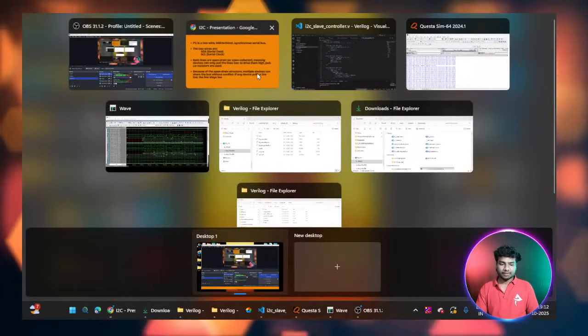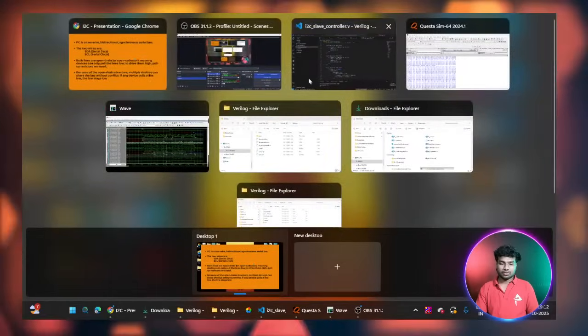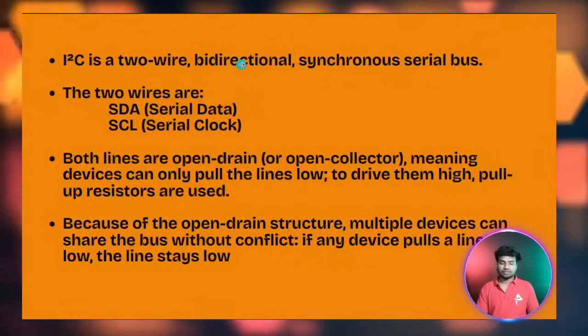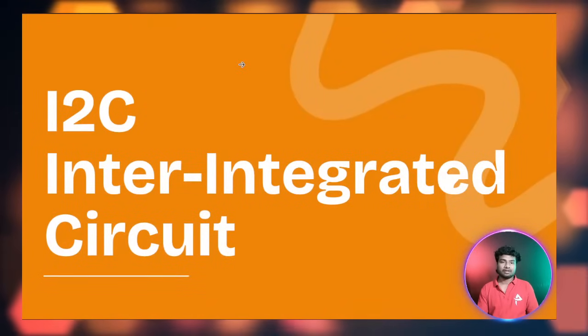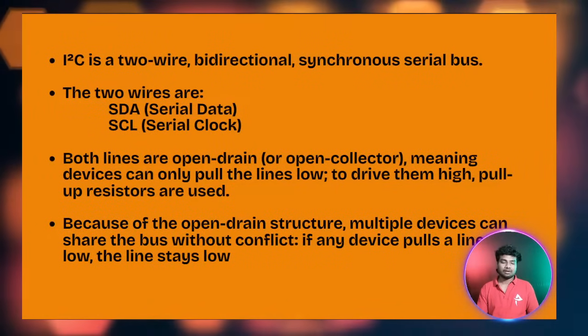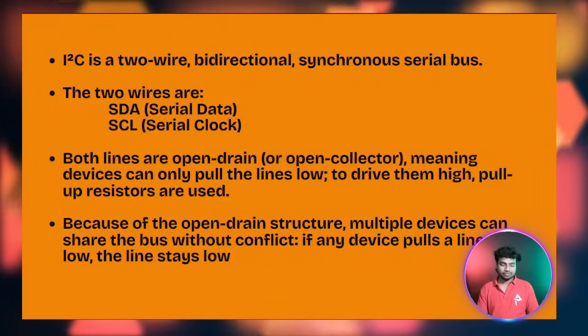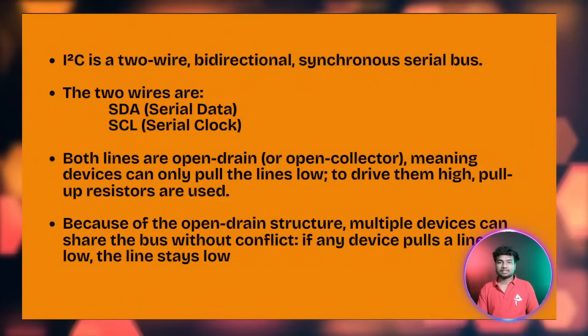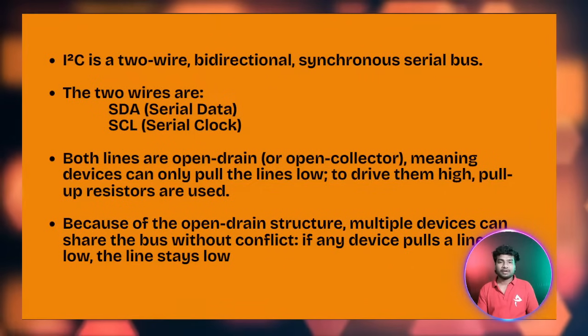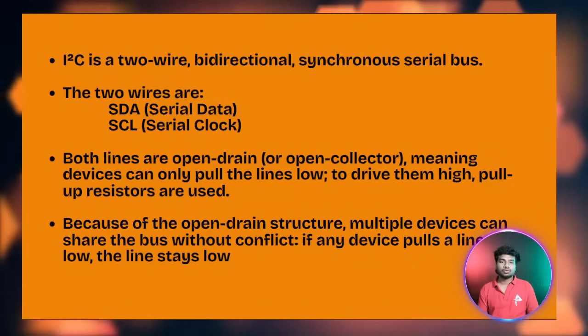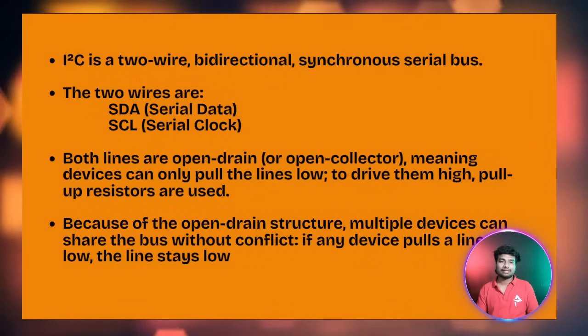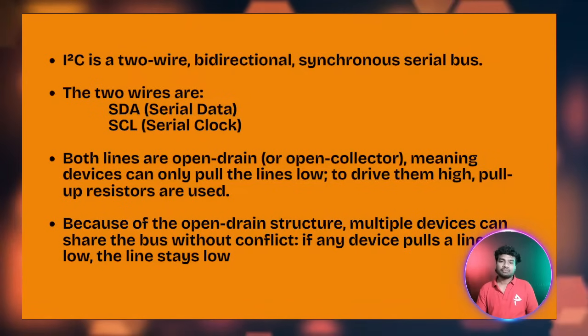So this is the process of clock stretching and arbitration for an open drain circuit. Clock stretching is when the slave device needs some time, so it pulls the SCL clock line low to take some time.